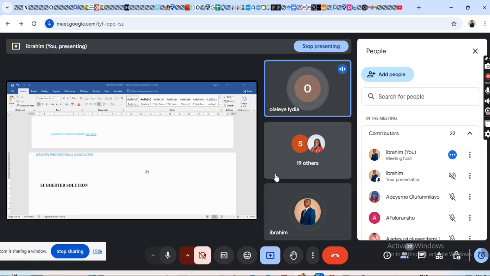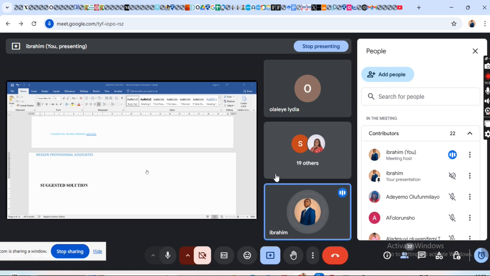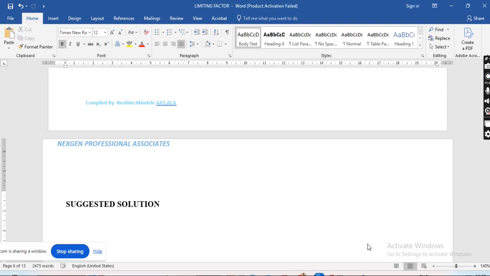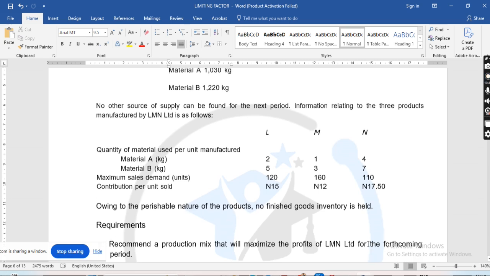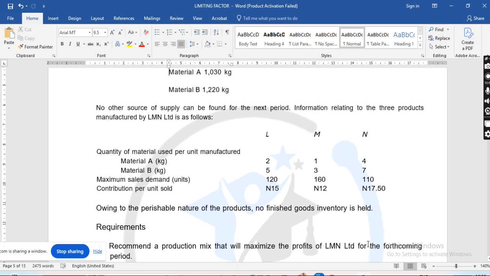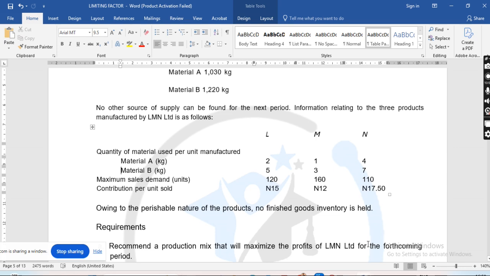By comparing the resource available and resource required. Yes. The required that it takes to produce that unit and the available, before you will now check which one of these is a limiting factor, right? Don't forget that we were given material A and material B. We don't know which of these materials is a limiting factor.